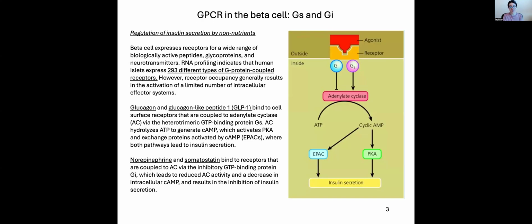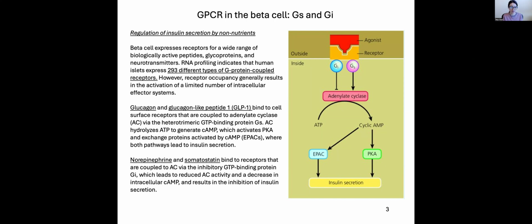Okay, so then let's talk about GPCR next. So we know you've learned about the GS and the GI. In addition to insulin secretion by nutrients, such as glucose and fatty acid, there's also regulation of insulin secretion by non-nutrients. So what are these? So beta cells actually express a wide range of receptors that are able to respond to peptides, glycoproteins, and neurotransmitters.